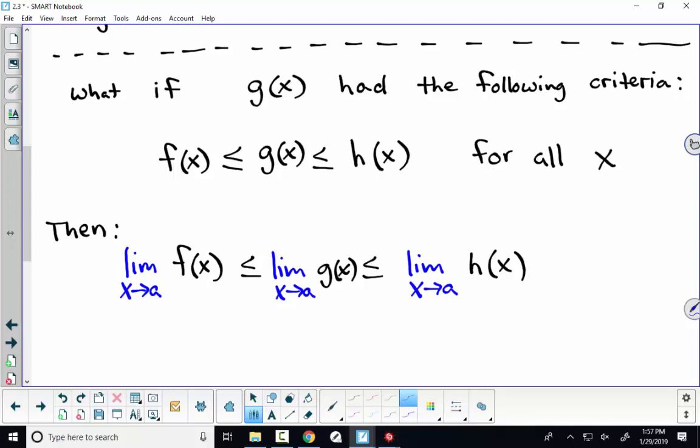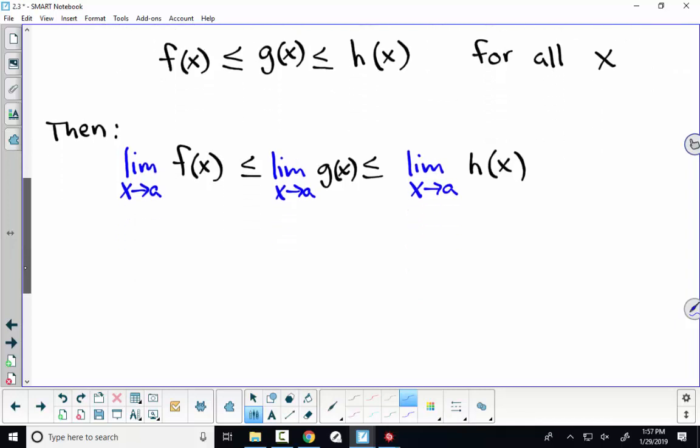Because the inequality was true for any value of x. Doesn't matter what value of x I approach, this statement is still true. Does that make sense? Okay. So the idea is that the two limits on the end, this limit and this limit, we'll just put in parentheses. These are easy to compute.